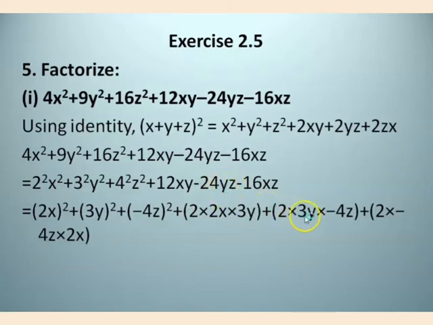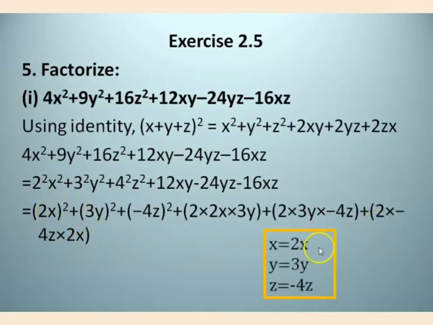Y is 3y and 2 is the factor. We are writing this 2 as it is into 3y. In the z place we have minus 4z. So we are writing minus 4z here. Plus minus 16xz. So 2 into minus 4z into 2x. Okay, can you understand this?